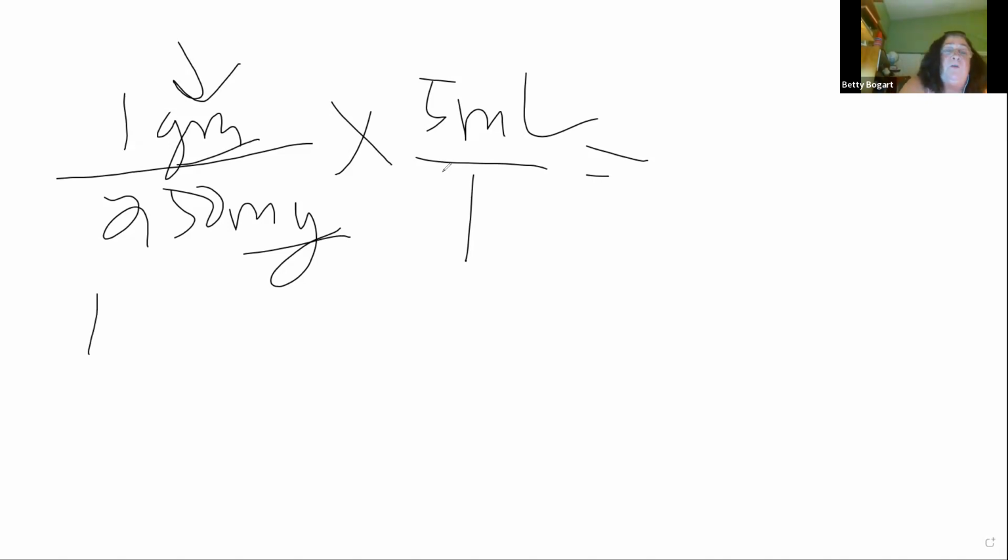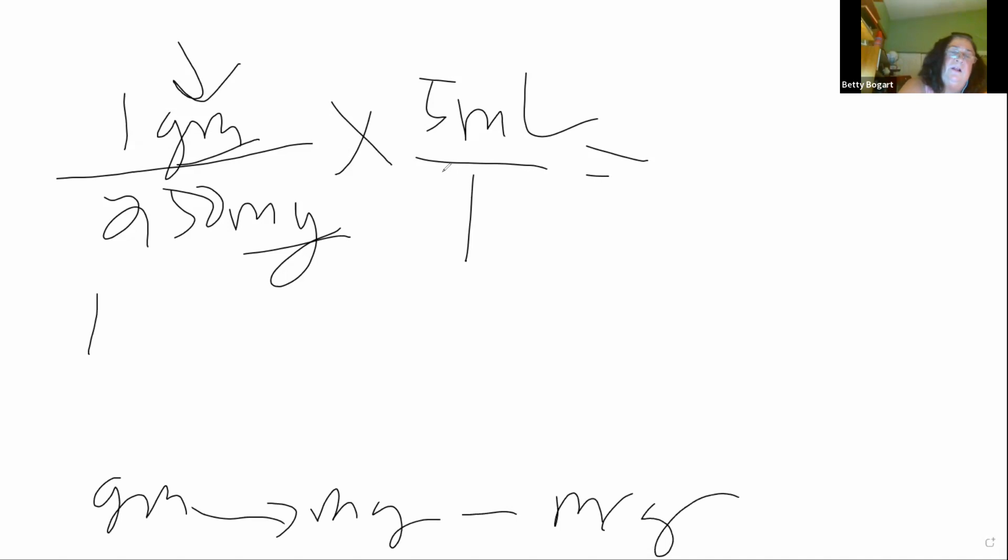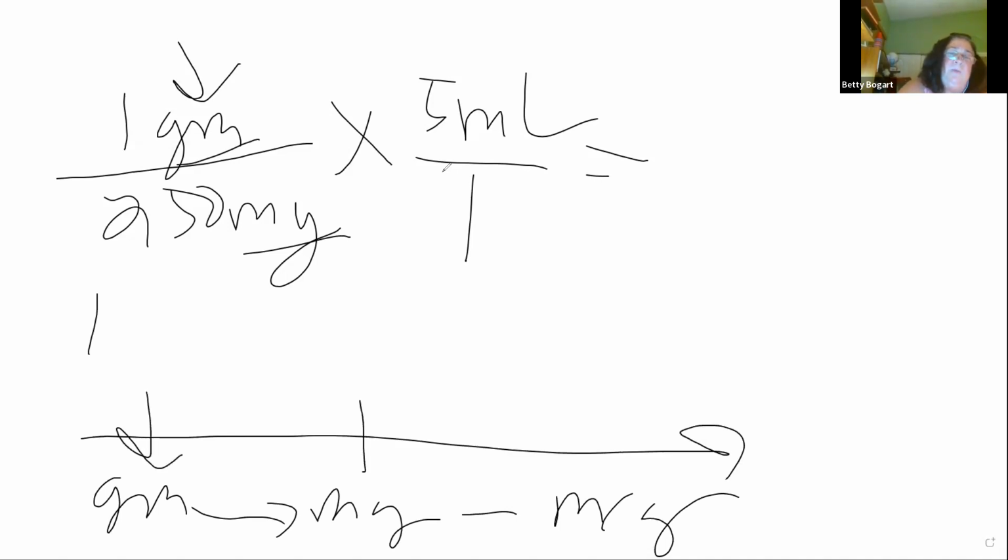So to go from grams to milligrams to micrograms, you have to go to the right. You go from one big one to a thousand of them, so you have to multiply to get more. Then you go to micrograms, even more of them. So more means you multiply. And that's how I remember grams, milligrams, micrograms.